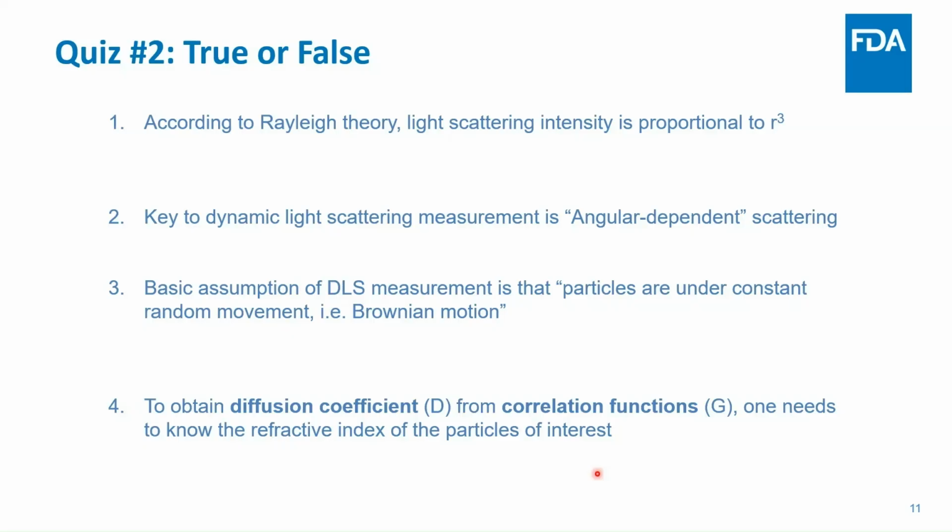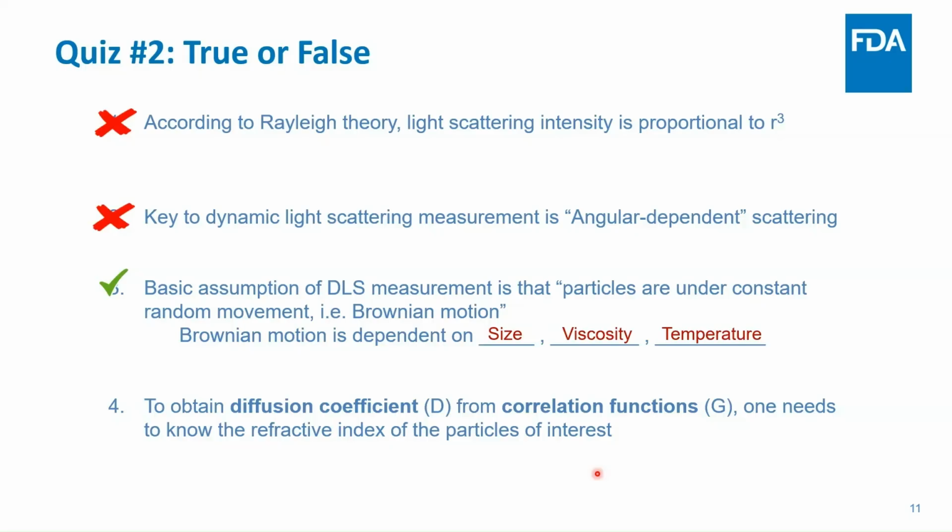It is nice to know for later when we talk about some of the calculation stuff. But you guys had this right. False, false, true. And what are the most important functions for Brownian motion? Of course, I skipped forward here, but it's size, viscosity, and temperature. Those are the 3 things you need to think about, specifically viscosity and temperature, when you're looking at these types of data.